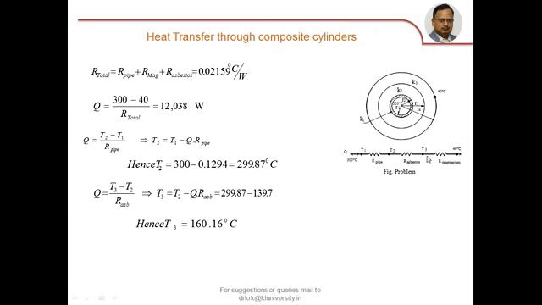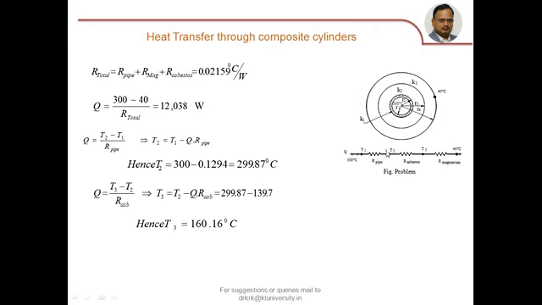Now, if you want to find these interface temperatures, according to the law of conservation of energy, the heat flowing through the first resistance, second resistance, and third resistance is the same. So let us tap these two nodes, T1 and T2. So Q through this resistance is T1 minus T2 by the pipe resistance alone.